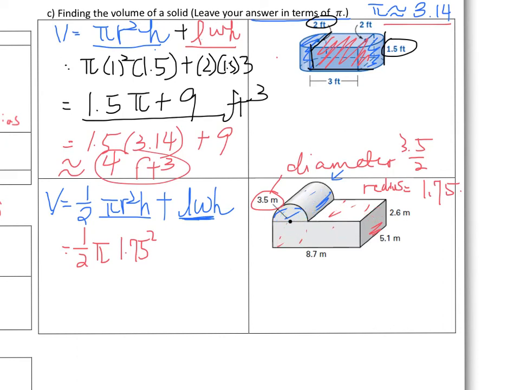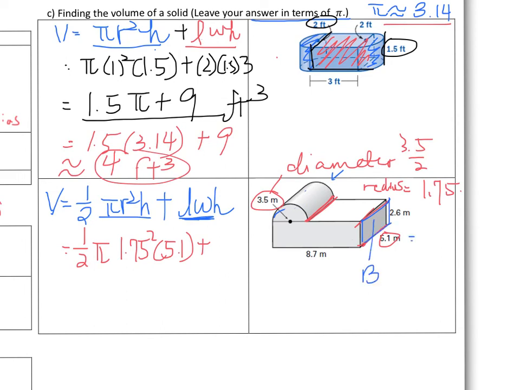So if I clear this up, you can see that 5.1 here is the height of the cylinder. And for the rectangular prism, I'm going to let this part be the base.